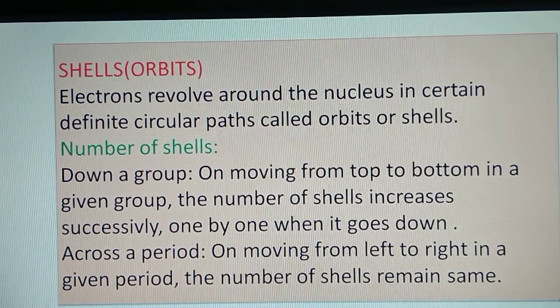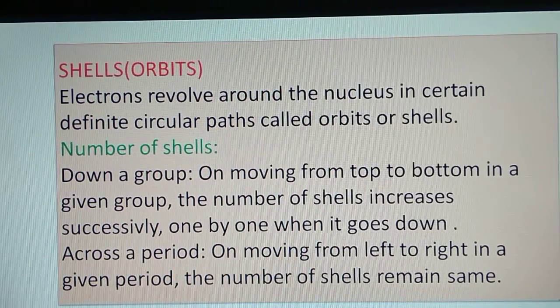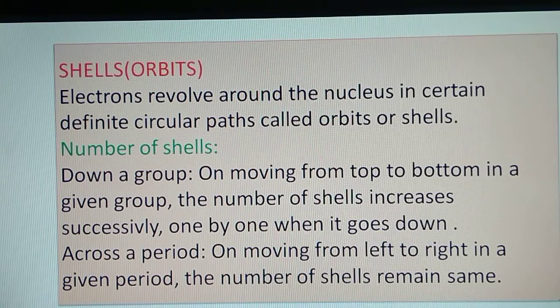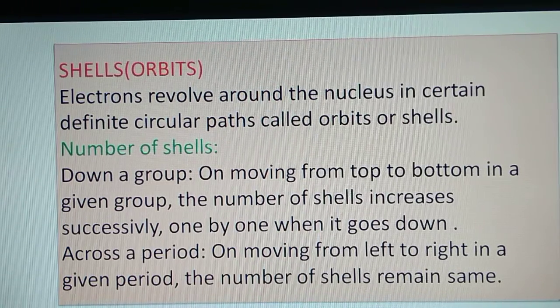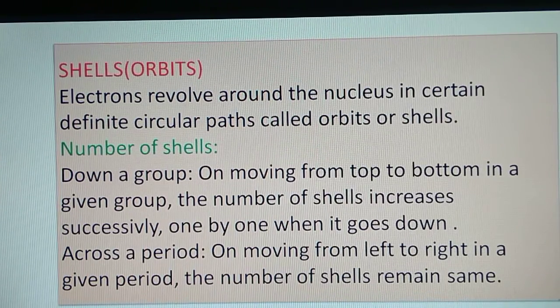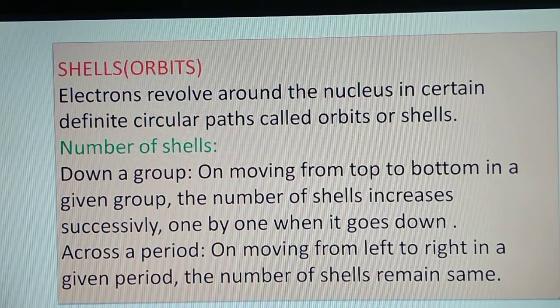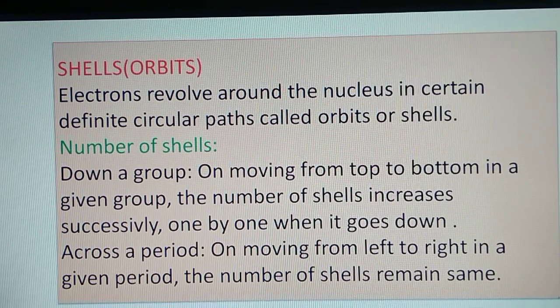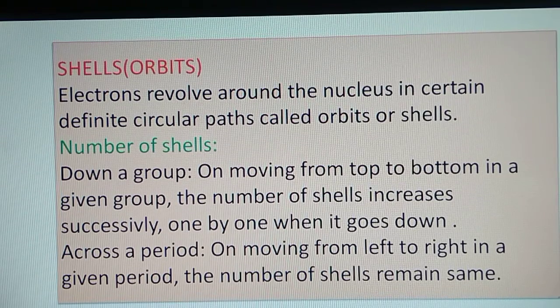Like in the second period: lithium, beryllium, boron, carbon, nitrogen, oxygen, fluorine, neon. These elements have the same number of shells, as across a period the number of shells remains the same. Like the second period I have told you.